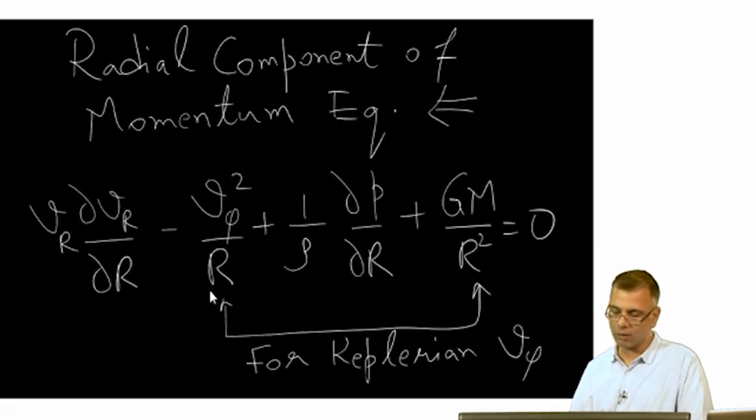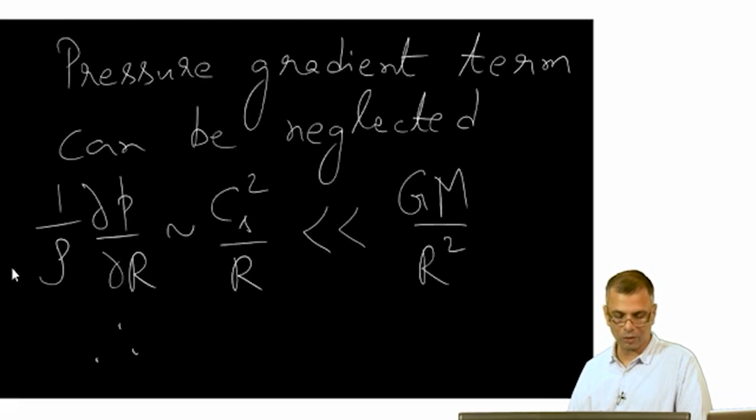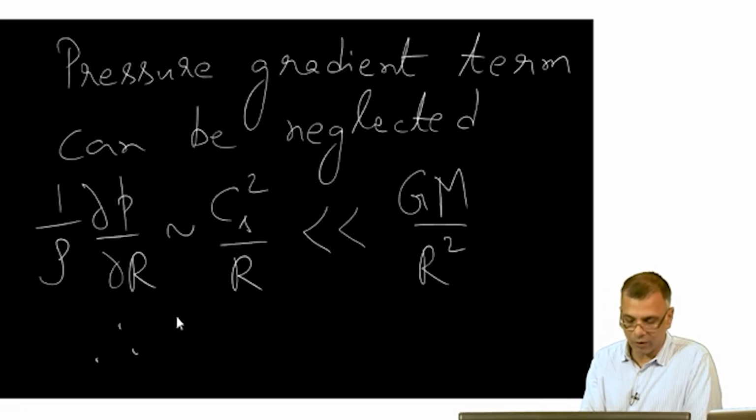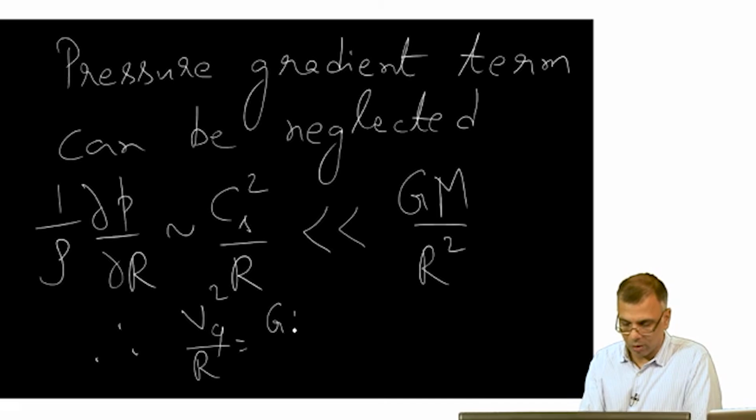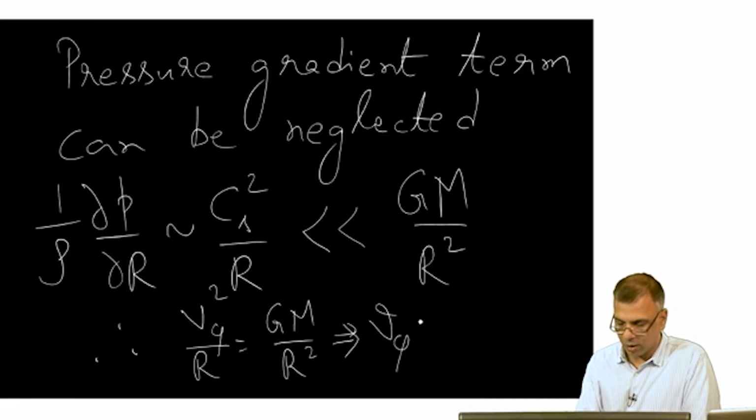And so we are left with the inescapable conclusion that minus v phi squared over r is equal to GM over r squared. Okay, and so not minus v phi squared over r, v phi squared over r is equal to GM over r squared. In other words, the v phi is Keplerian.